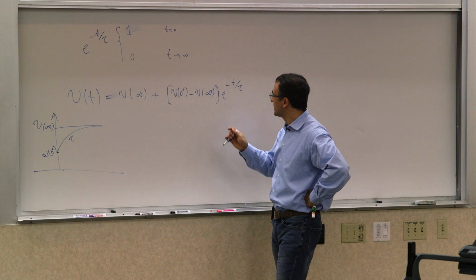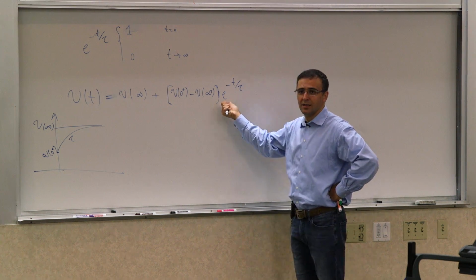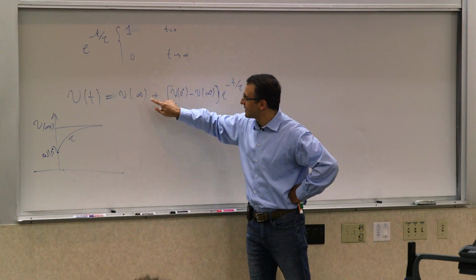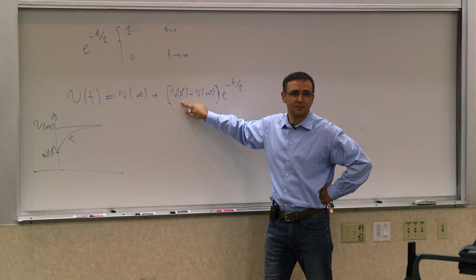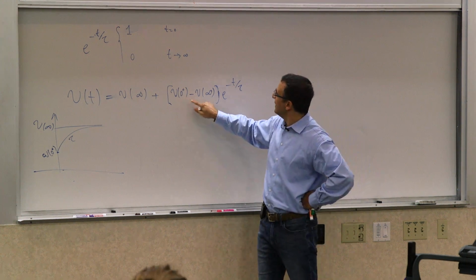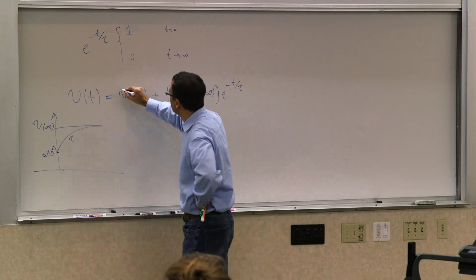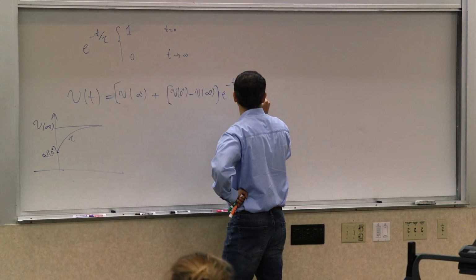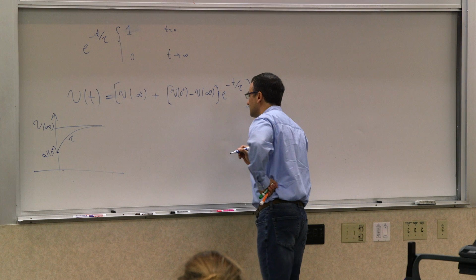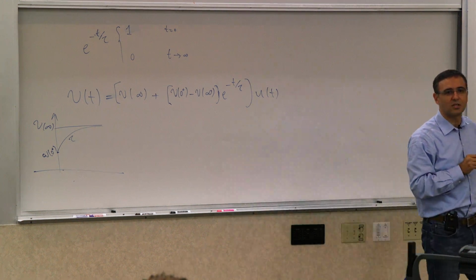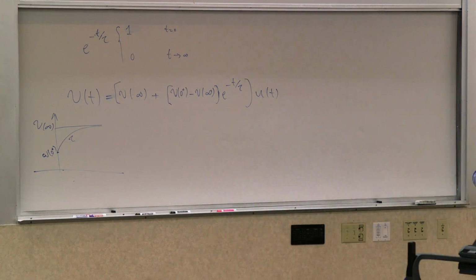Do you agree? Because at 0, this is 1. So this guy cancels that. You're left with this. And at infinity, this is 0. So you're left with that. And all you need to make this complete is this. Because it's only dealing with things after t equals 0.